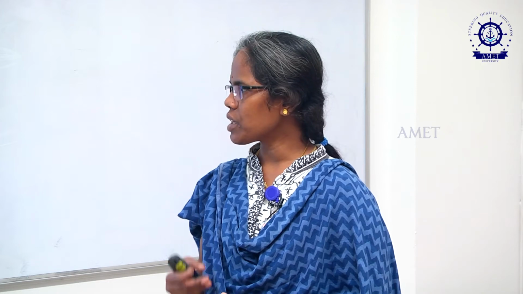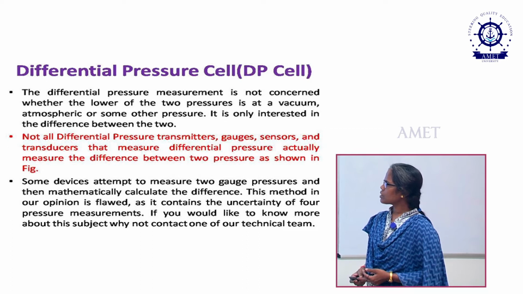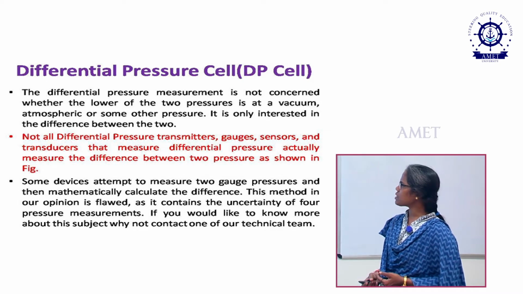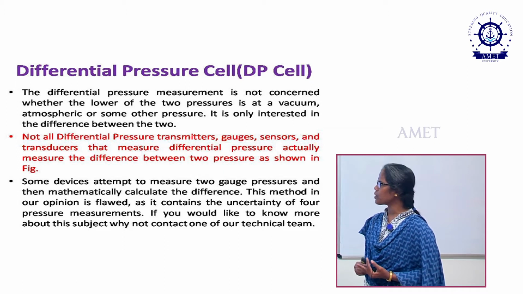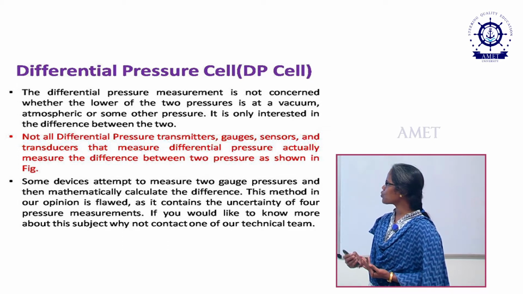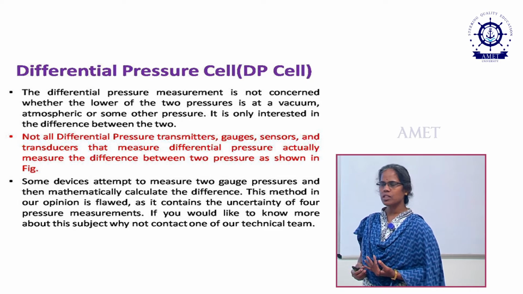In a similar way, a decrease in differential pressure would occur if P1 becomes larger or P2 becomes smaller. Differential pressure measurement is not concerned whether the lower of the two pressures is at a vacuum, atmospheric, or some other pressure. It is only interested in the difference between the two.